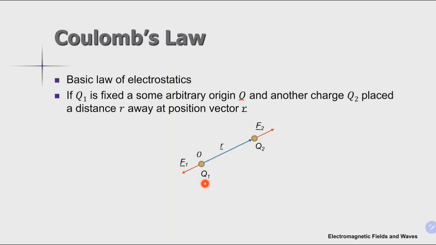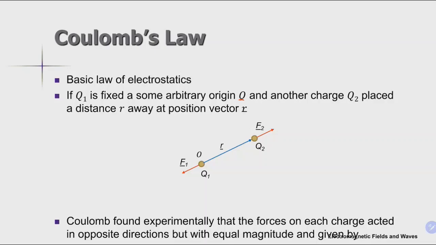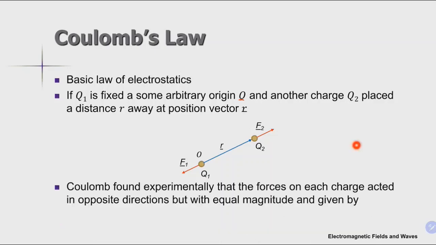We can draw a vector r pointing from the origin to Q2. What Charles Coulomb found experimentally is that each of these charges will experience a force, and that force is acting in opposite directions.